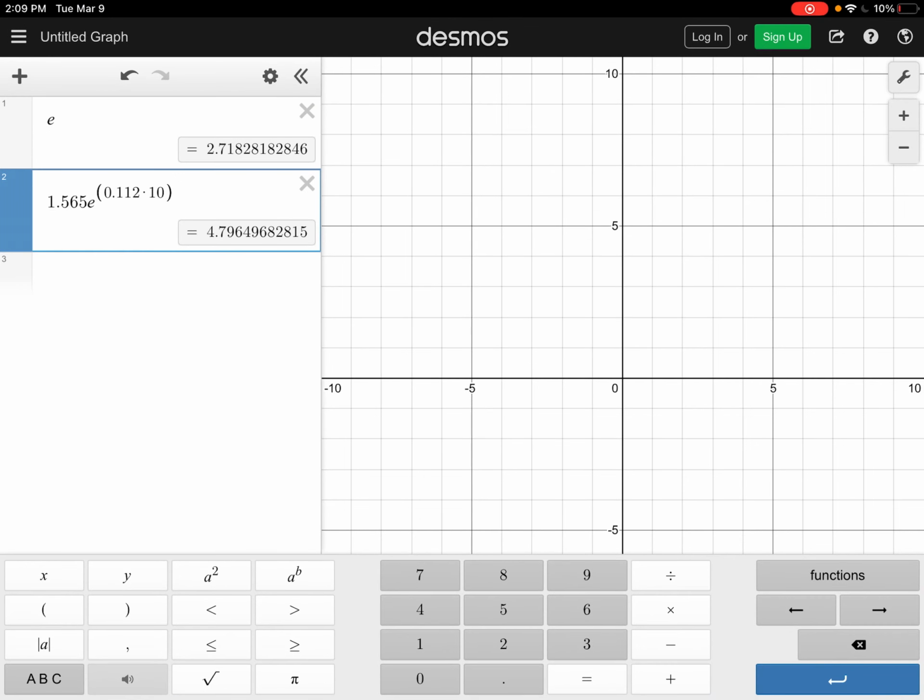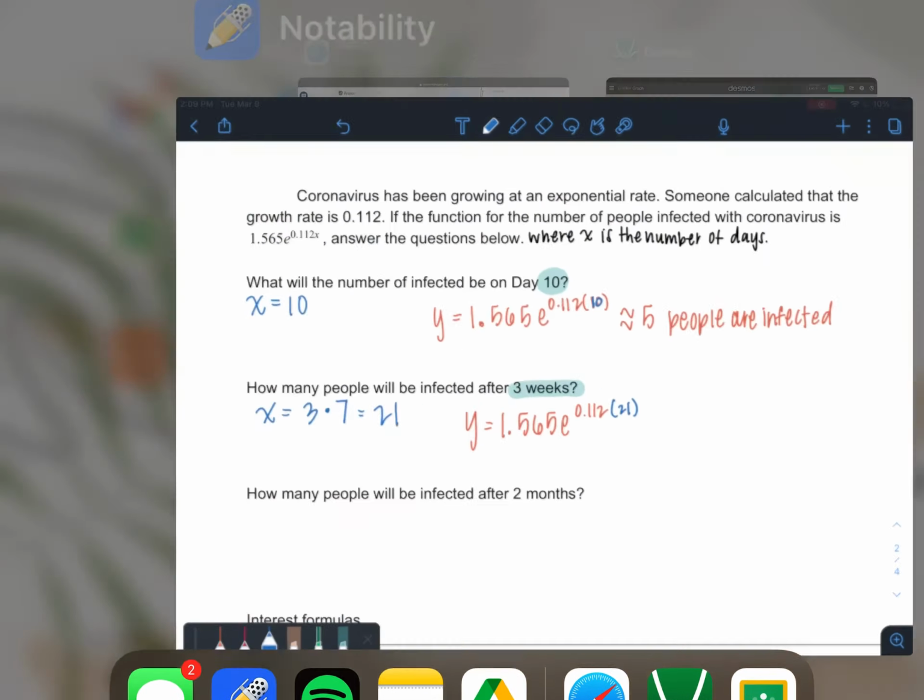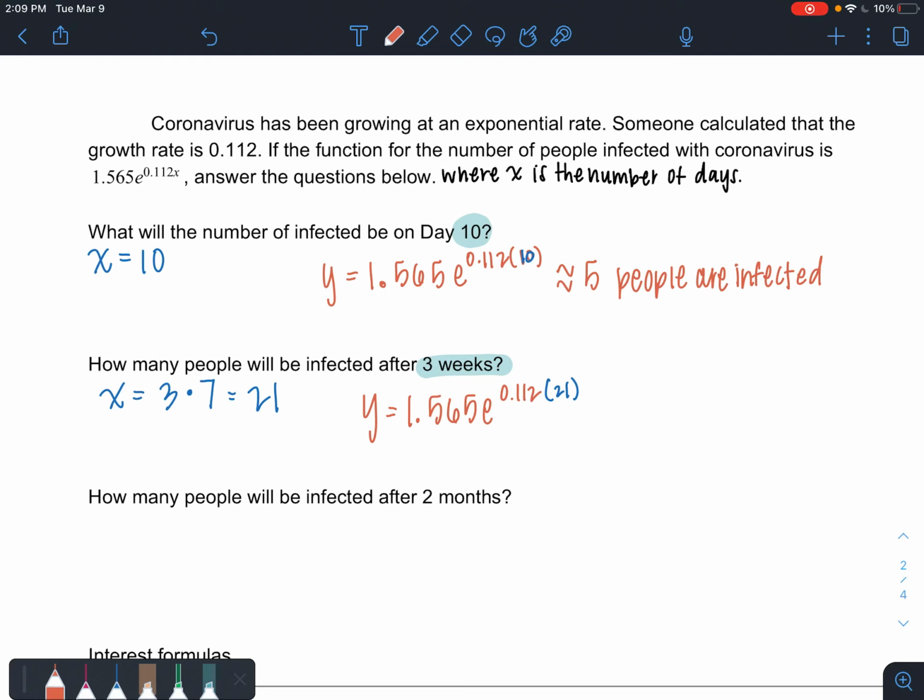What I do when I plug this in is I go to my calculator, go back to the 10, and just back it up and type 21. That way I don't have to type out the whole thing again. And I get 16.4, so we have about 16 people infected.